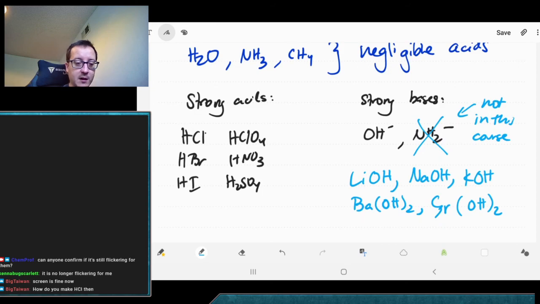In more advanced chemistry, you'll have other strong bases that you'll deal with, but for us right now, it's just hydroxides. And these are pretty much the only soluble hydroxides that we're going to deal with. Calcium hydroxide, which is lime water, is not really that soluble. So it's just not soluble enough to be considered a strong base. All right, so we really only have those 5 strong bases that we'll deal with.